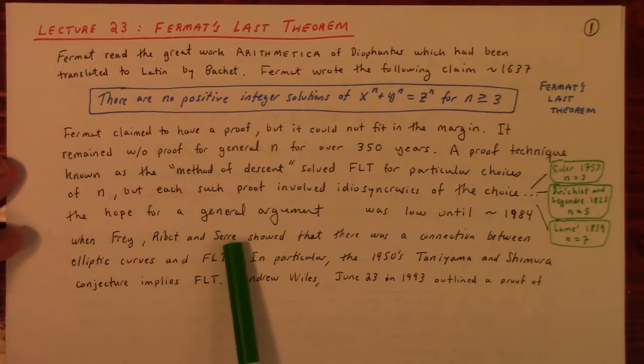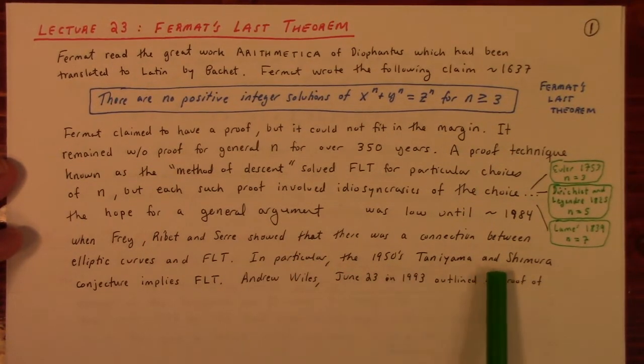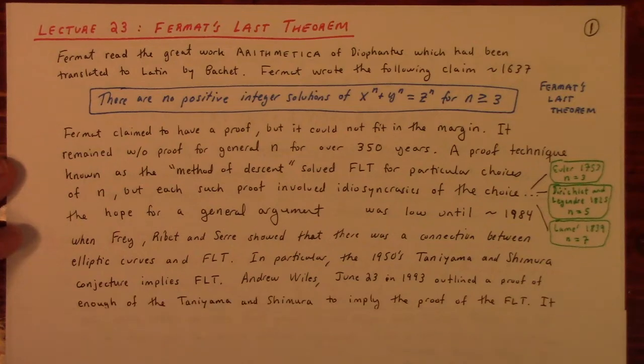Then Andrew Wiles, on June 23rd of 1993, outlined a proof of enough of the Taniyama-Shimura conjecture to imply the proof of Fermat's last theorem.